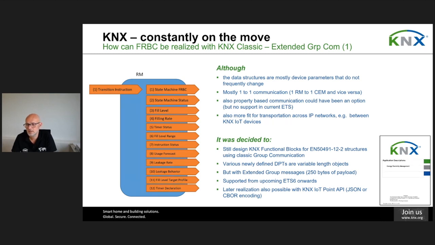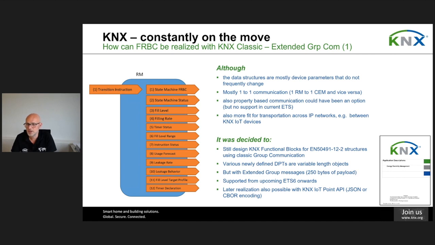And of course, in standard group communication where you use 14 bytes, you have seen the data structures before. In the control types, it will not be possible to use, of course, normal 14-byte group communication. You will need to use extended group messages.